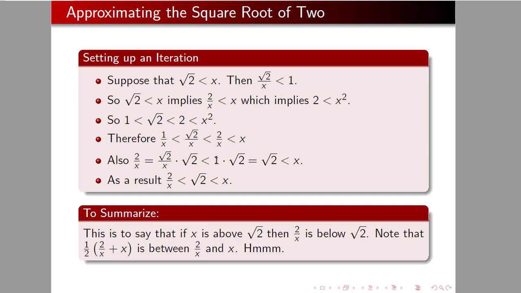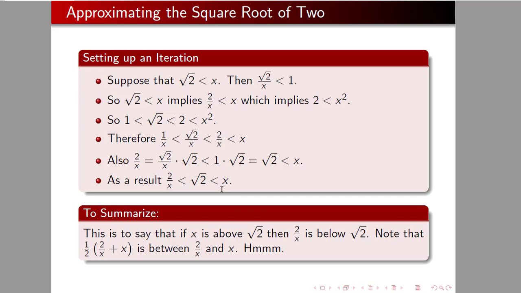Square root of 2 over x is less than 1, and so this is less than this, and so therefore it's all less than the square root of 2, which itself was less than x. That was a lot in there. But at the end of it all, we got that 2 over x is less than the square root of 2 is less than x.